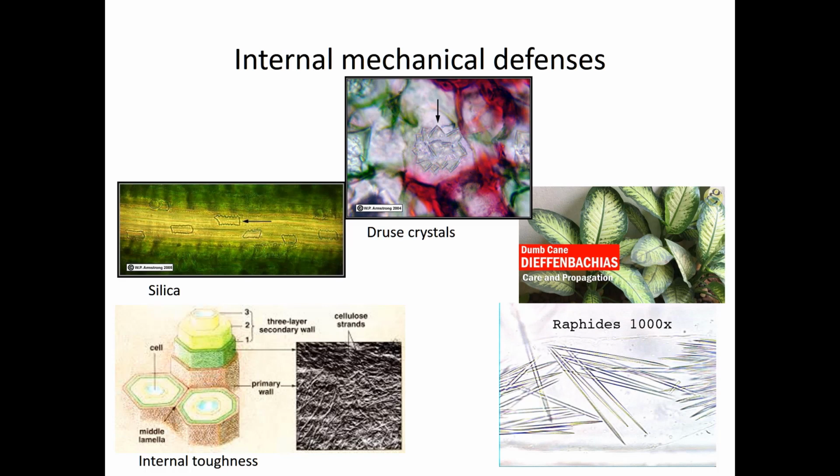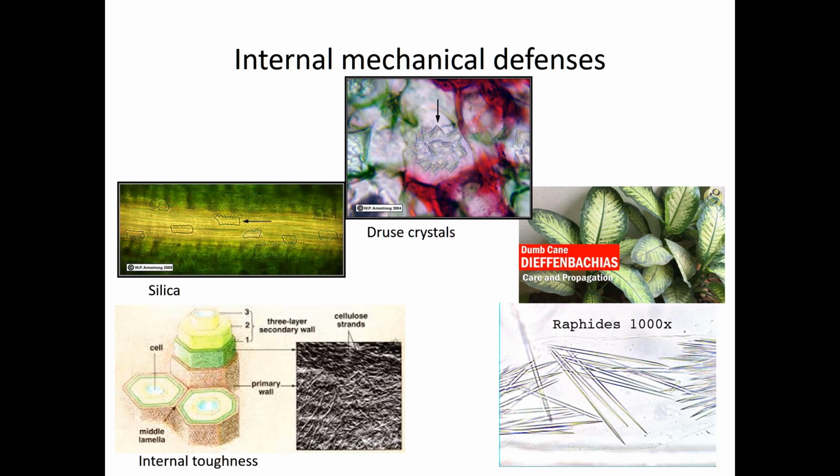Druse crystals are usually globular or star-shaped, and they are also calcium oxalate crystals. There's also silica inside of grass leaves, and this silica wears down the teeth of herbivores, and it makes it difficult for them to consume large amounts of that plant. And then, of course, there's internal toughness of the primary cell wall because of overlapping cellulose strands inside the cells.